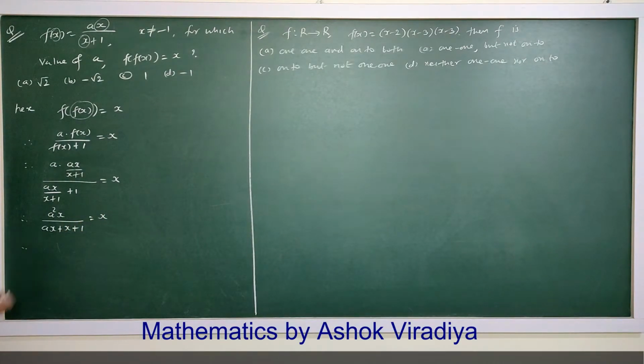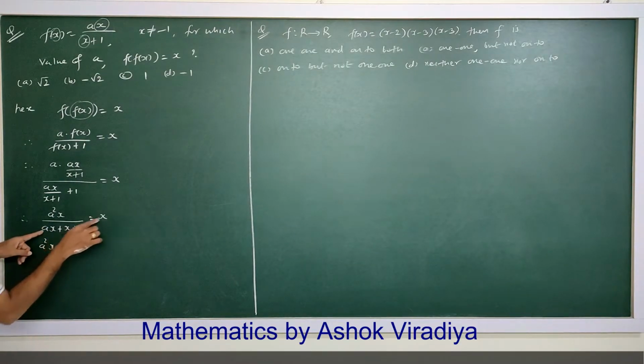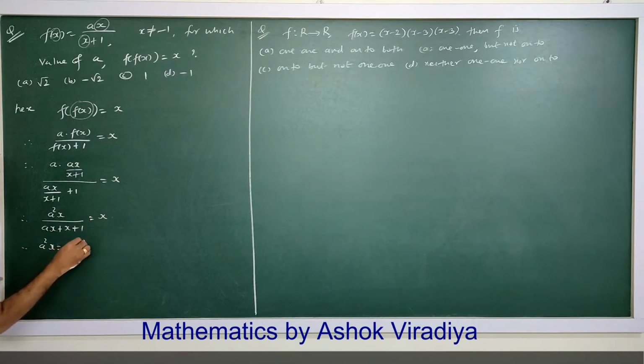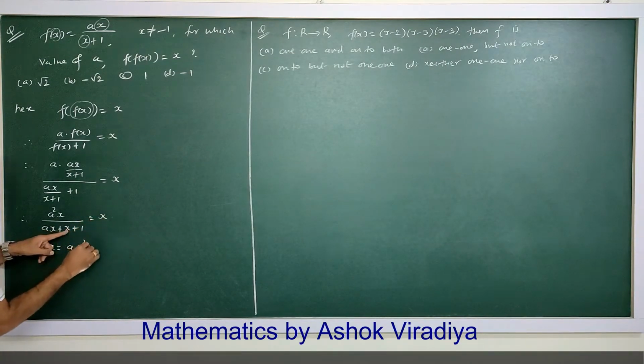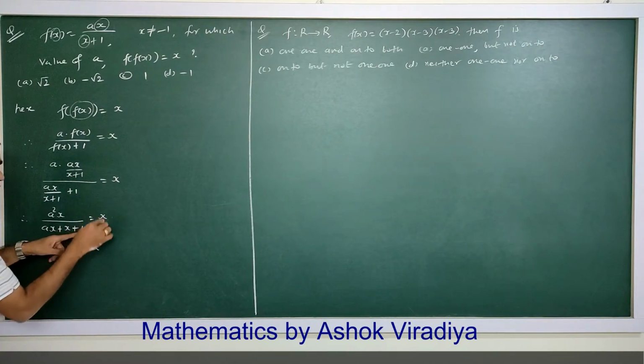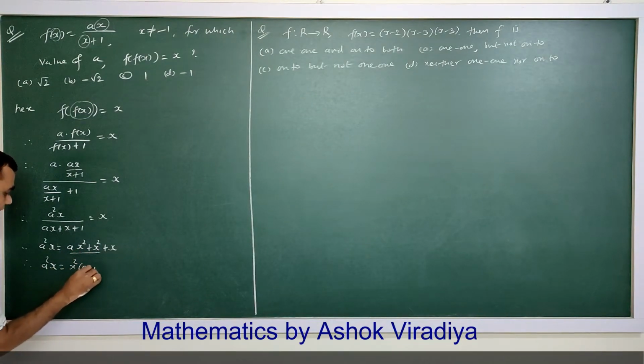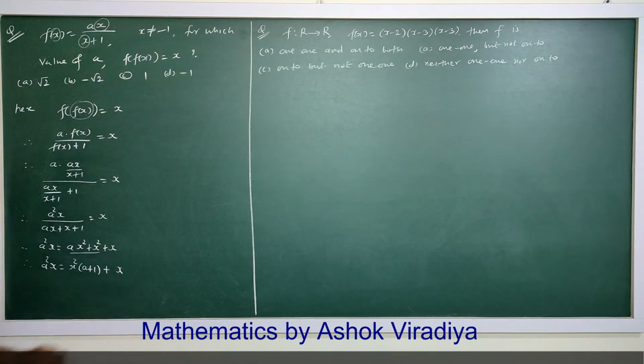That means a²x equals, multiplying this here, ax into x is ax² plus x into x is x² plus 1 into x is x. That means a²x equals, taking x² common, x²(a + 1) plus x.